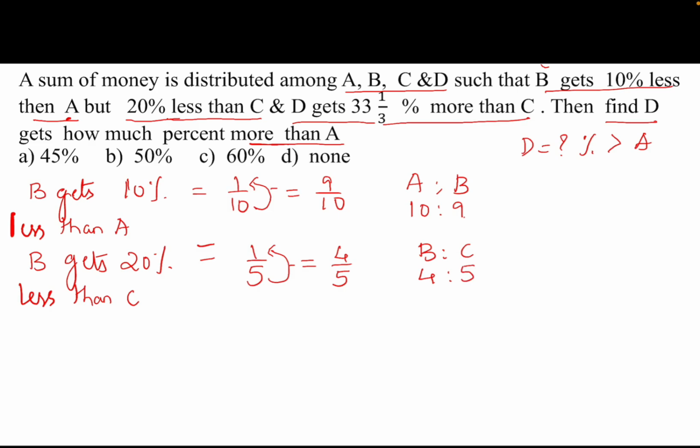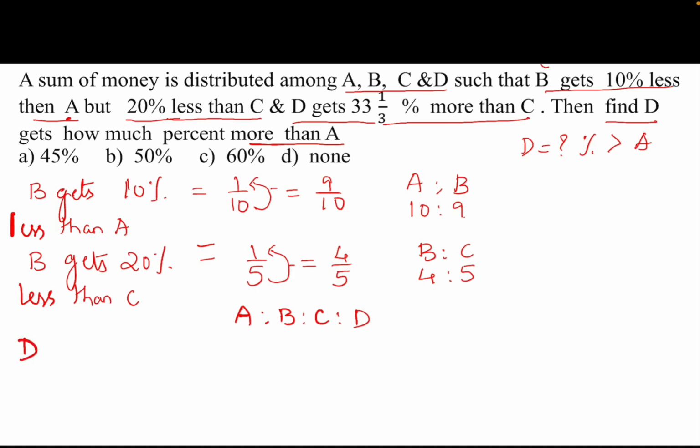Now, how much does D get? They are asking. Now we want a combined ratio between A, B, C and D, isn't it? We want A is to B is to C is to D. We know one more data.